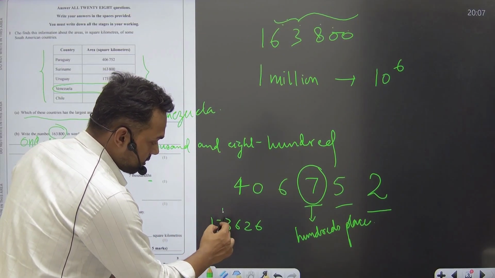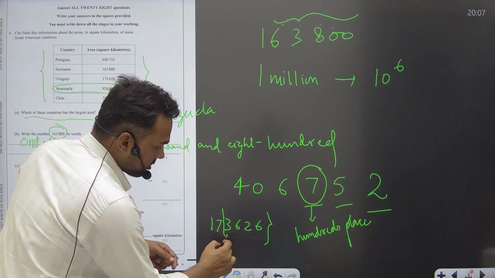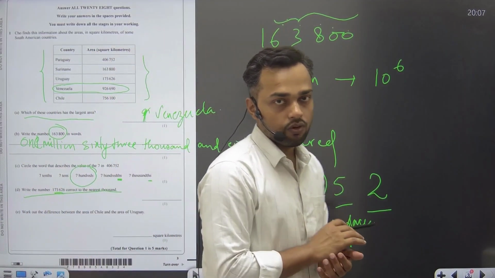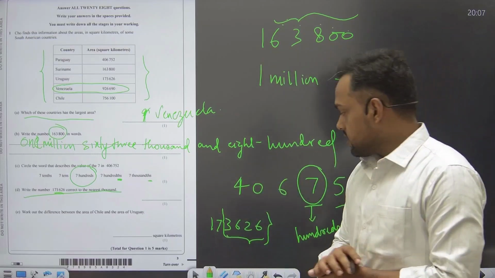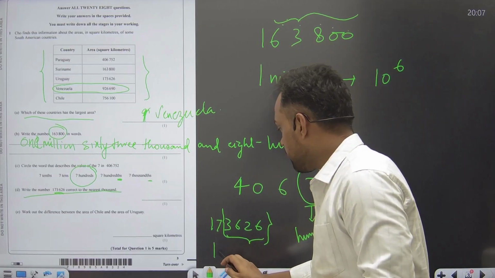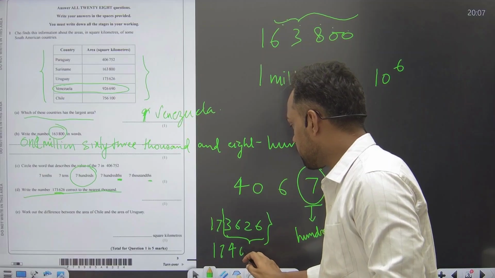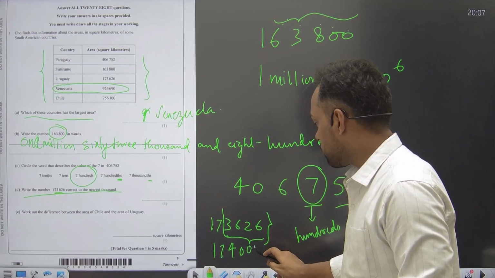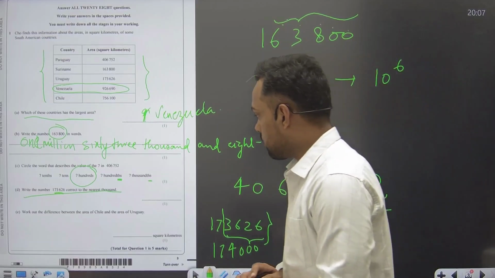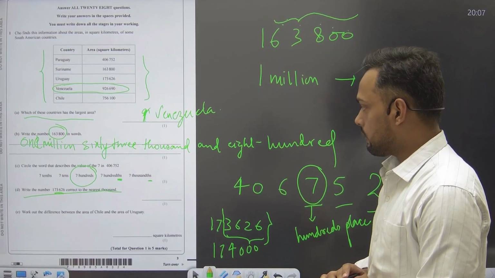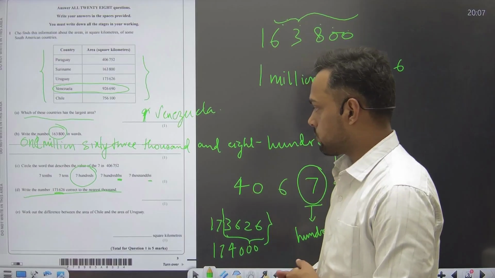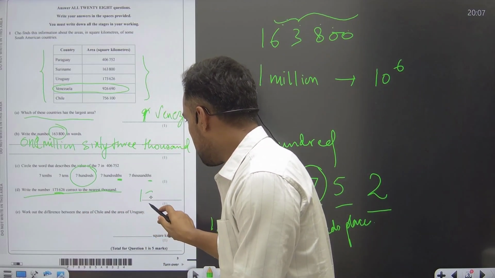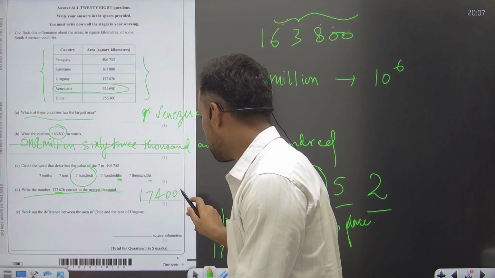If I divide it here, you will see 626 remains, which is more than 500, so we will round it up. It is 174,000.